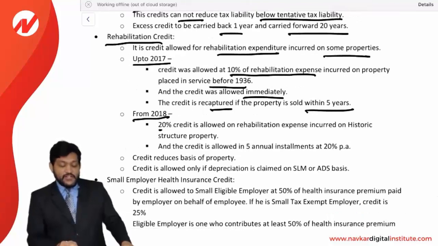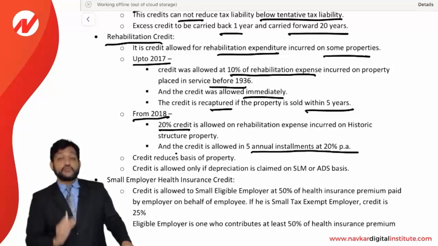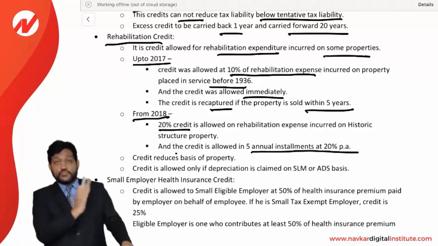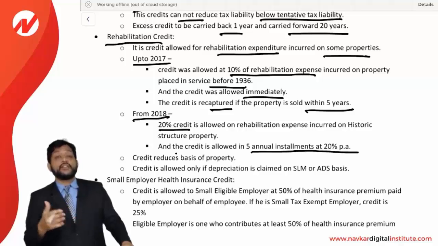The credit is allowed at 20% on the rehabilitation expense incurred on a historic structure property, but the credit will be allowed in 5 equal annual installments at 20% per annum. So you need to see the year very carefully. Up to 2017, if the expenditure is incurred, credit will be 10% and it will be allowed immediately, but if you sell the property within 5 years, it will be recaptured. And from 2018, the credit is 20%, but it is allowed in 5 annual installments.